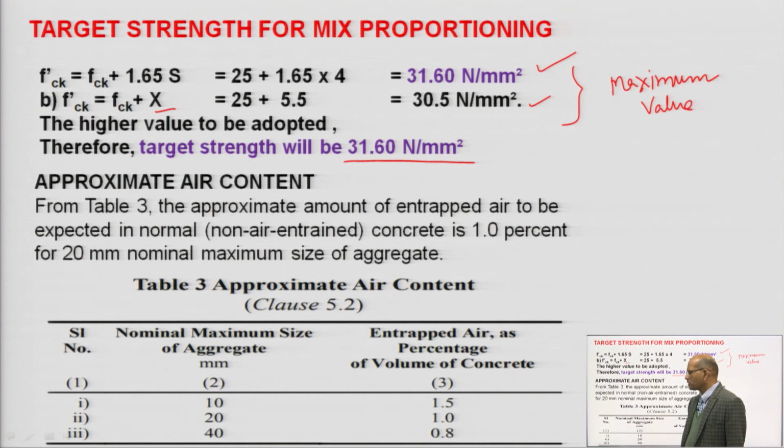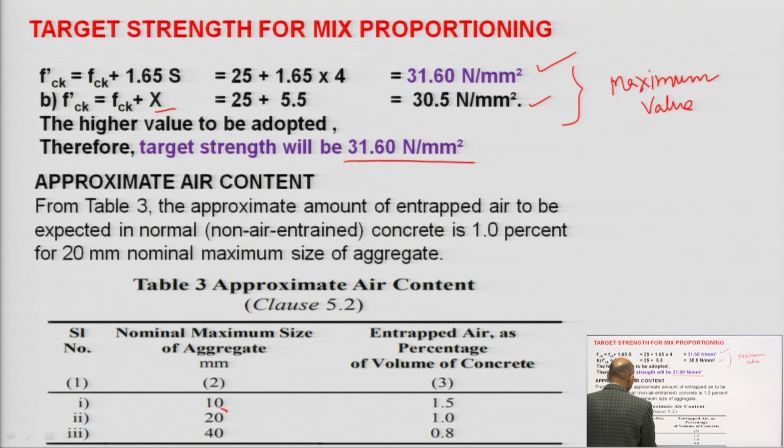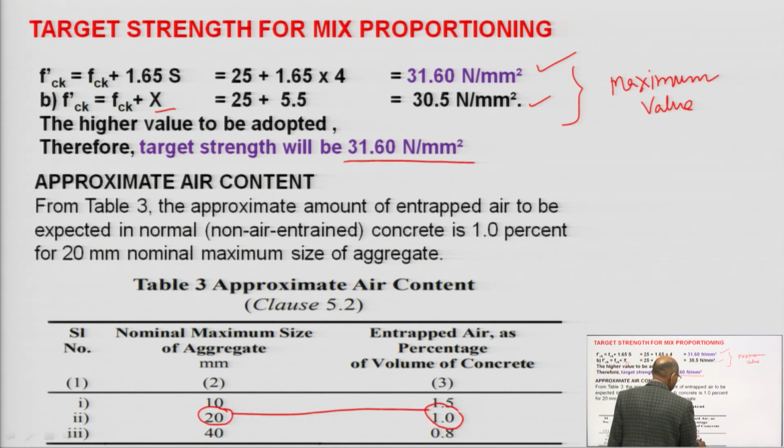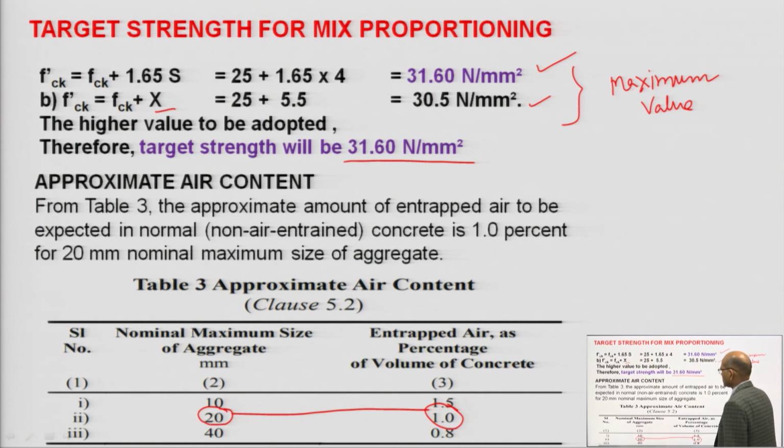If you have a lower size of aggregate, then the entrapped air will be more, and if the size of the aggregate is more, then in that case this value will reduce. In our case, the maximum size of aggregate is 20 mm, so at least you can consider 1%.